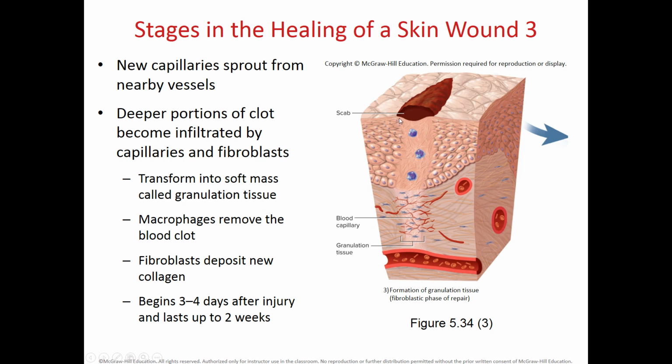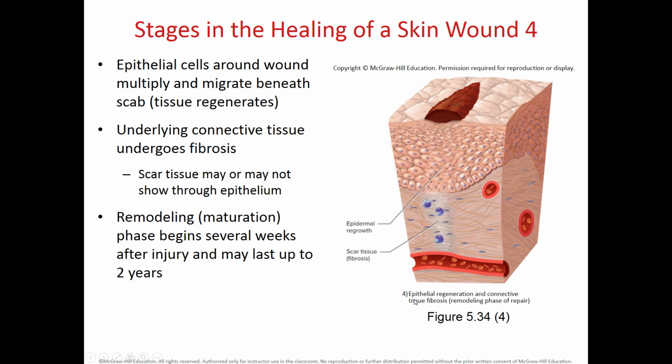The macrophages start removing the blood clot that existed before, and the fibroblasts keep depositing new collagen fibers. This step begins 3 to 4 days after the injury has happened, and it can last up to 14 days.